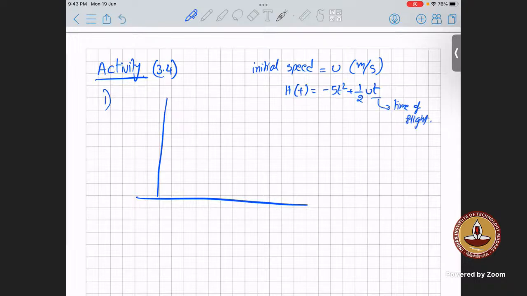The highest point of the stone in air is 5 meters from the ground. Calculate the initial speed u. We have to calculate the u value.